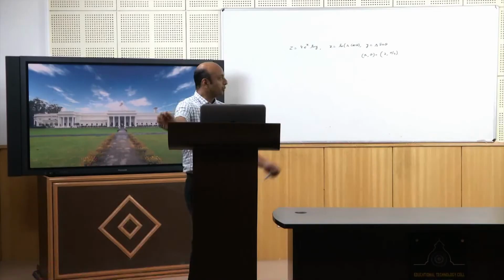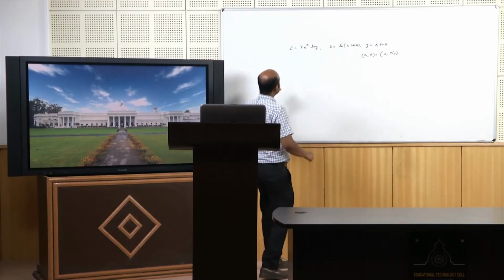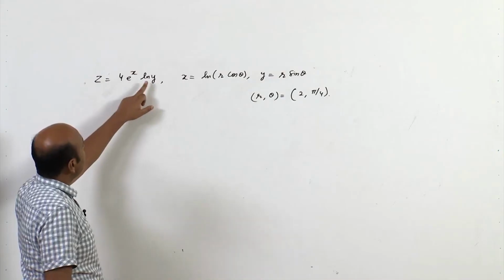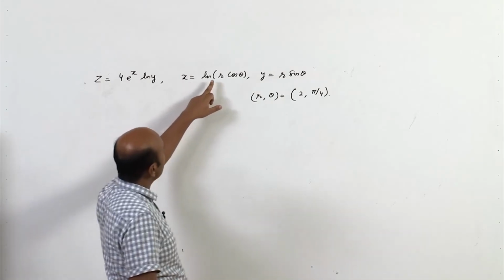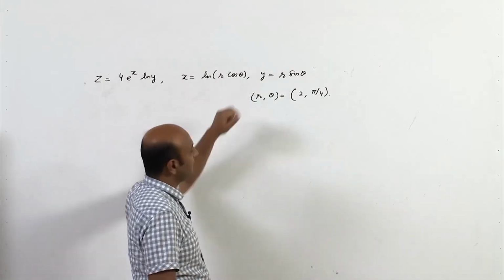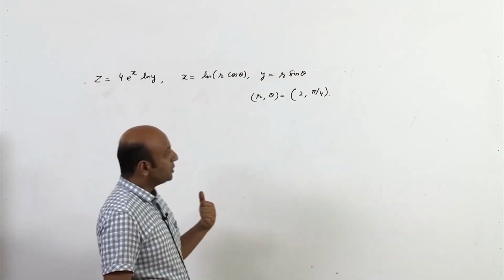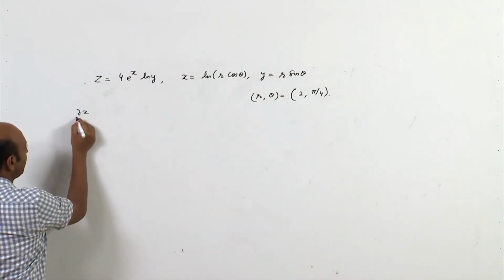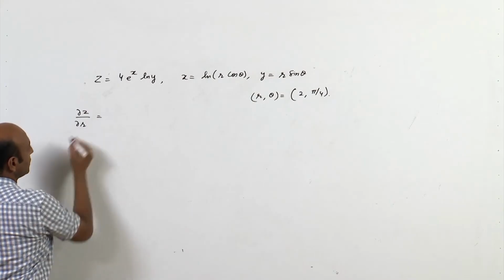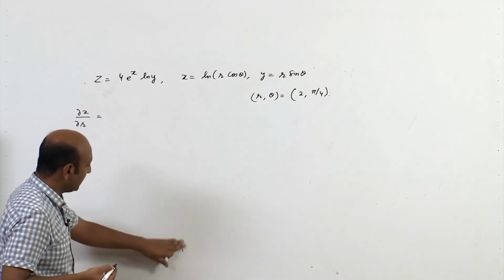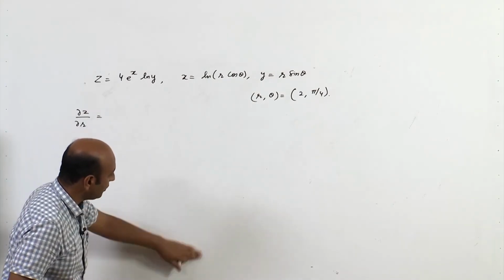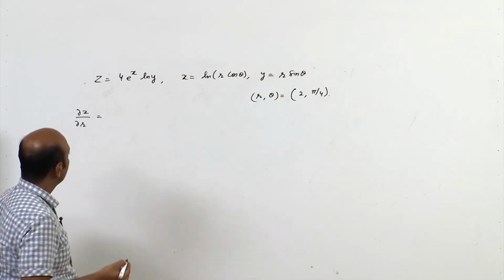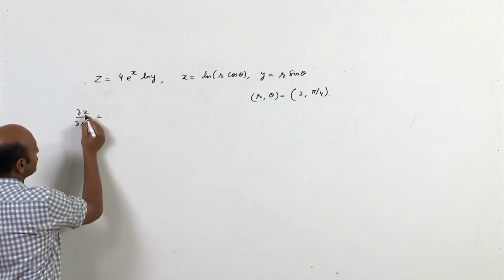So, how can we compute? Now, here z is a function of x and y, and x and y are again functions of two variables r and theta. Okay. So, how can we find del z by del r, suppose? Either we can make use of a tree diagram or we can write directly. z is a function of x and y.